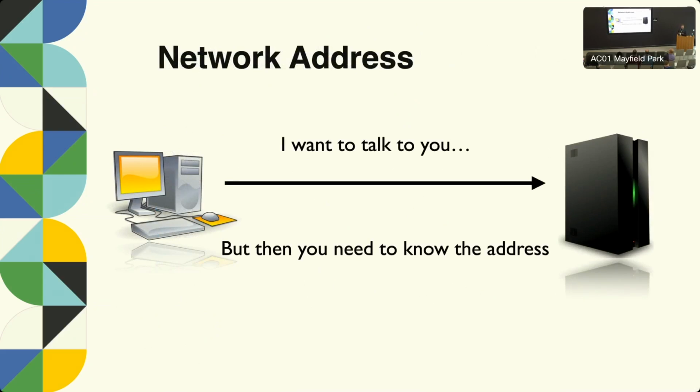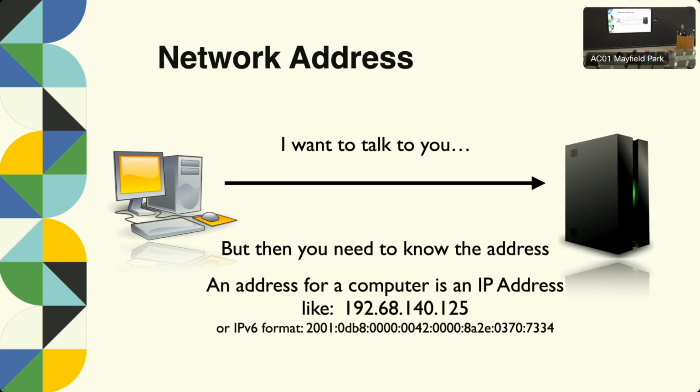So a network address is basically a computer saying, I need to speak with a server. You need the address. Like if you want to call someone, you need to have the phone number, right? And an IP address could be like the one listed here, and that's IPv4, which only has so many billion addresses, meaning that with the vast amount of devices we are putting on the internet, we need some more addresses.